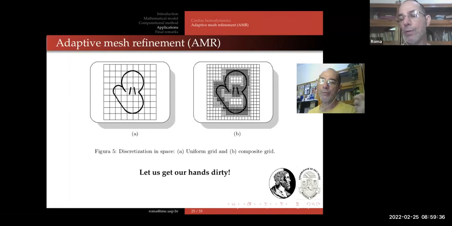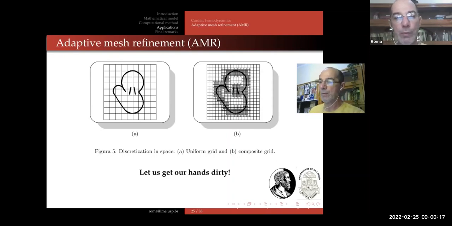You refine your grid in space so much that you can better describe the flow in the neighborhood of the structure with a smaller computational cost. Okay, so this is an approach intended to save costs and focus on the most important regions of the flow, right? This is a tool that I developed in my work through many years.